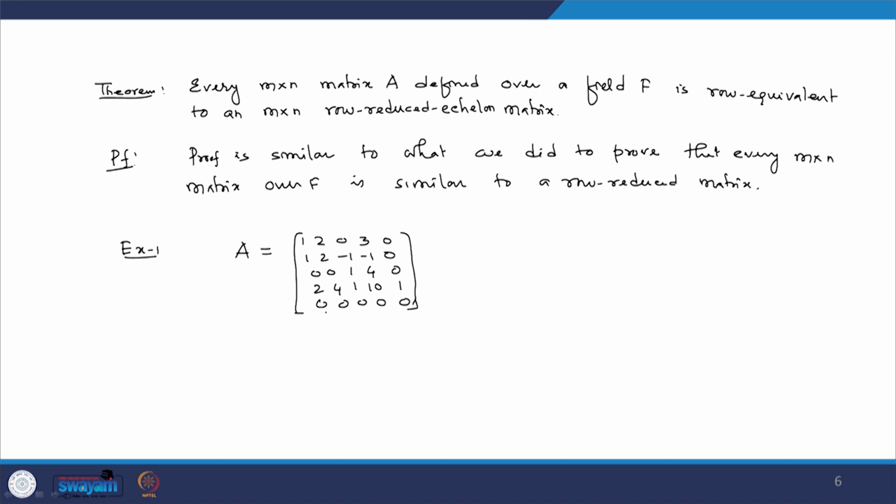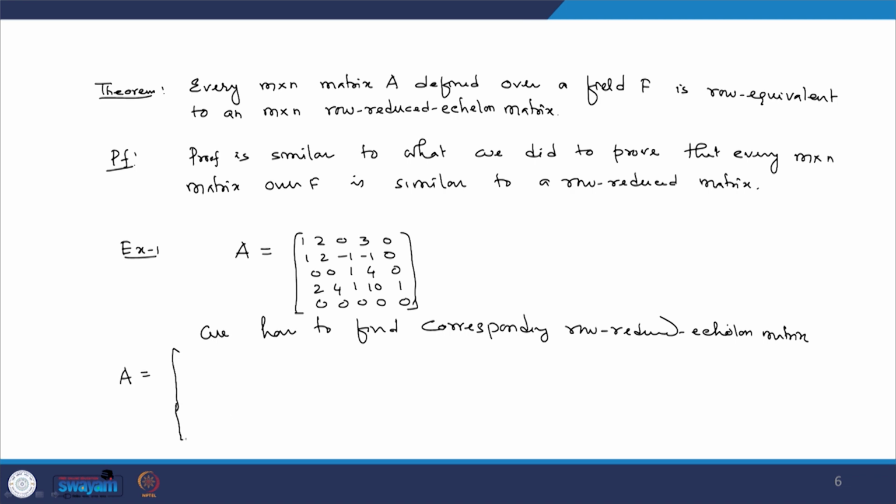For this again we have to do the elementary row operations. So we have to find the corresponding row-reduced echelon matrix. Let me do elementary row operations.